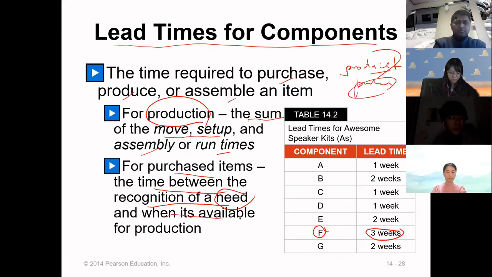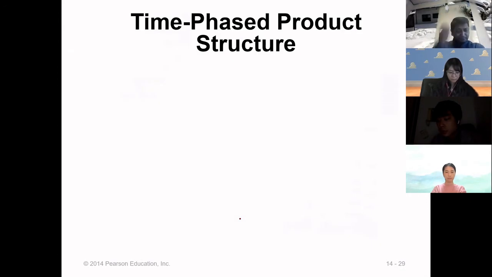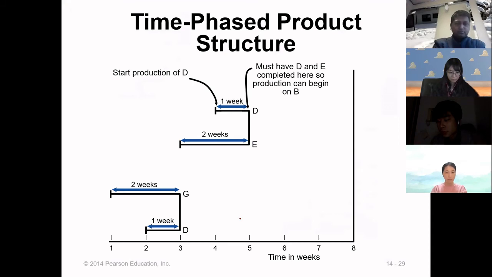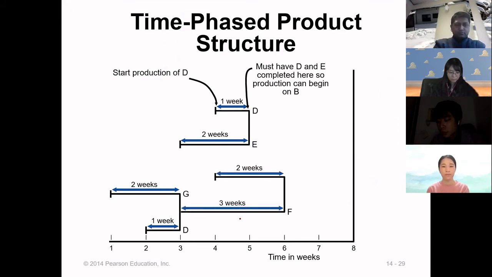You need purchase orders pending, and also you need the master production schedule. Okay, so in planning, we need to have this so-called time phase.